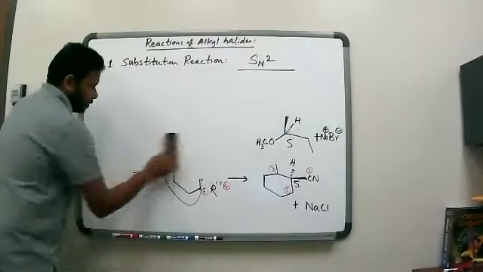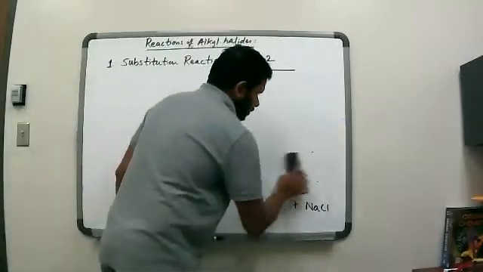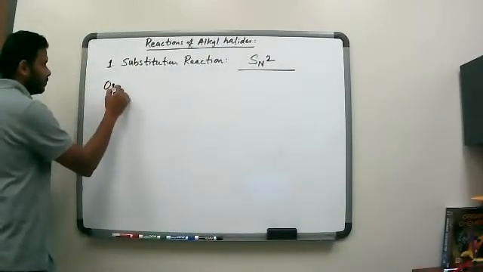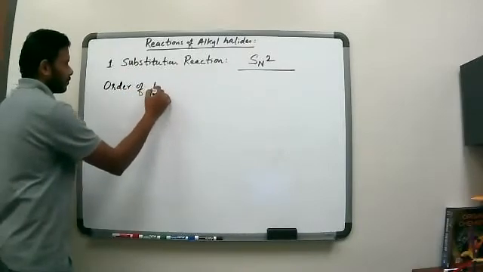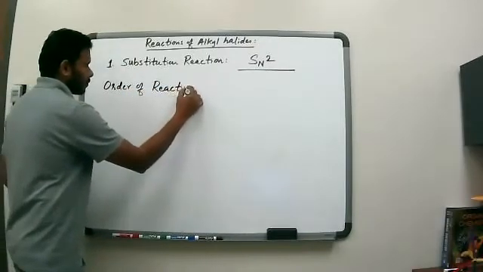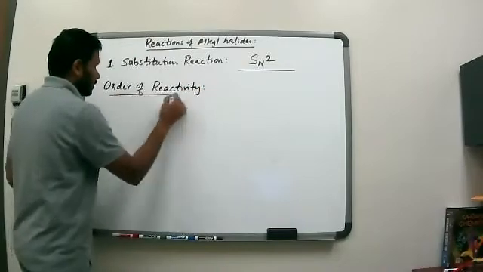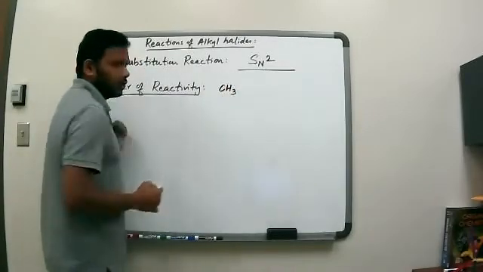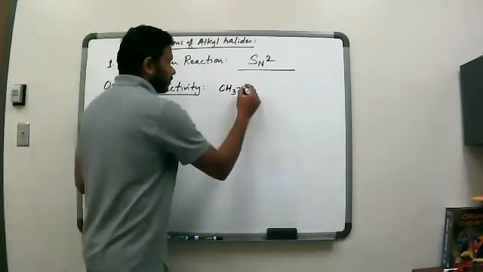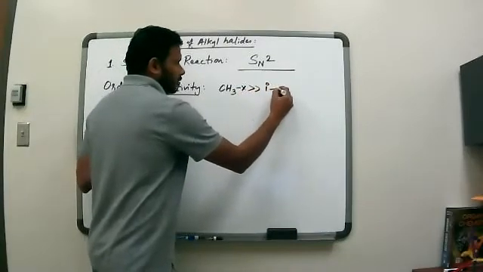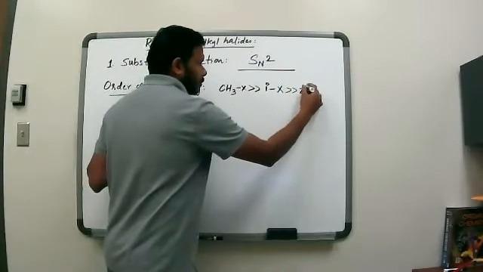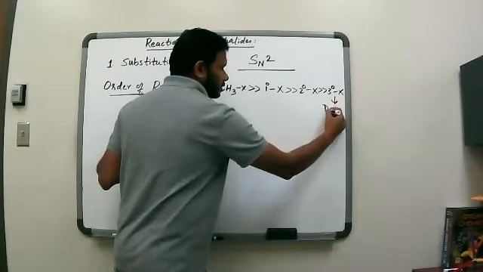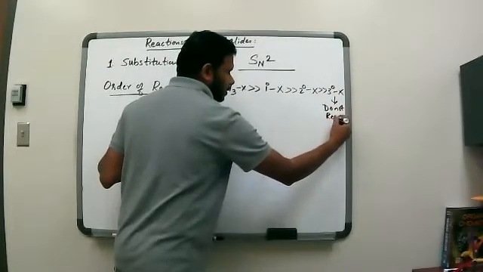The last thing here is the order of reactivity. And we already looked at this, and what we know is methyl halides are the fastest reacting compared to primary or secondary, and then tertiaries do not react.